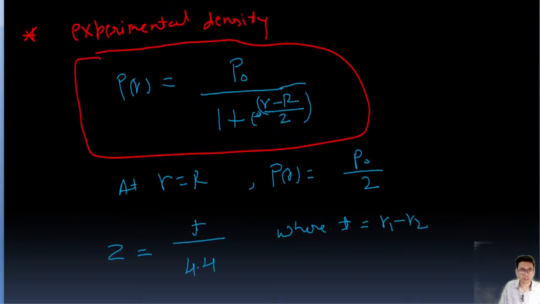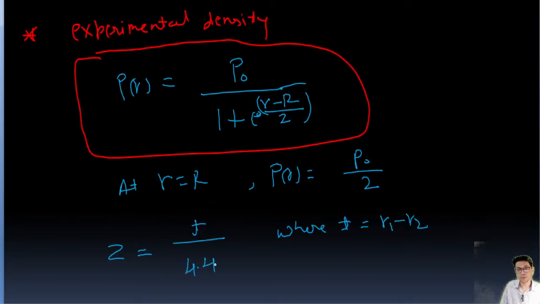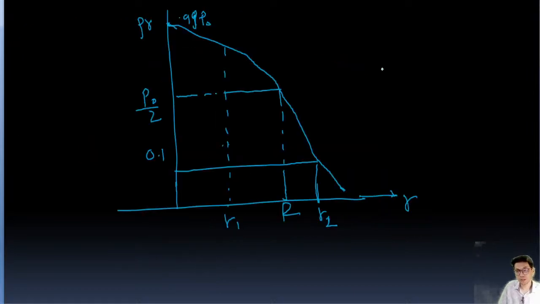So from here the value of z equal to t upon 4.4, or t equal to r2 minus r1, so z equal to r2 minus r1 upon 4.4.